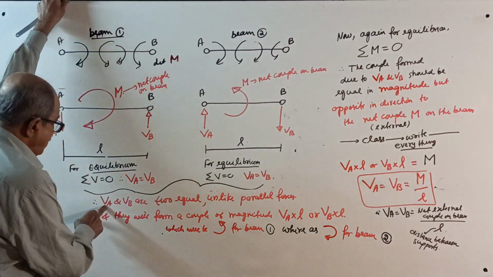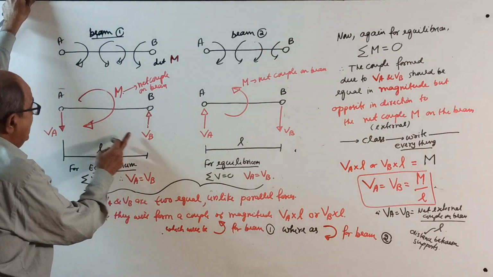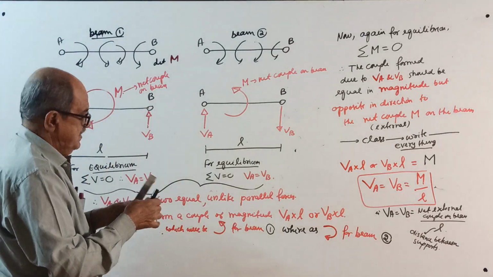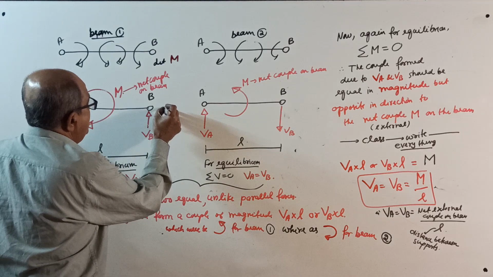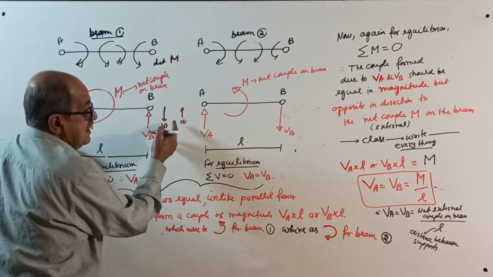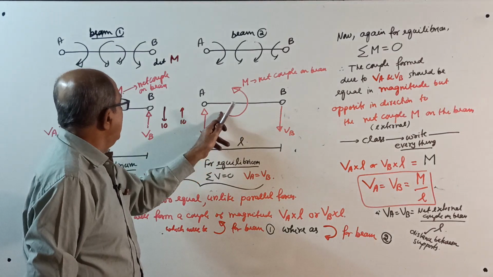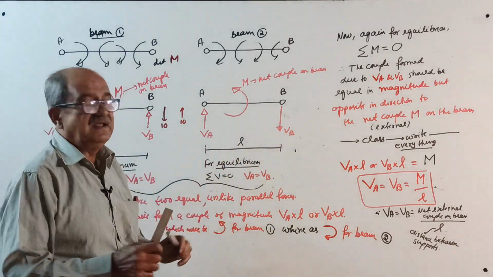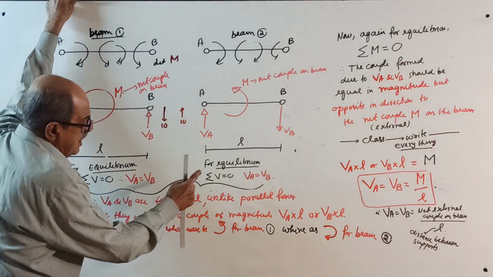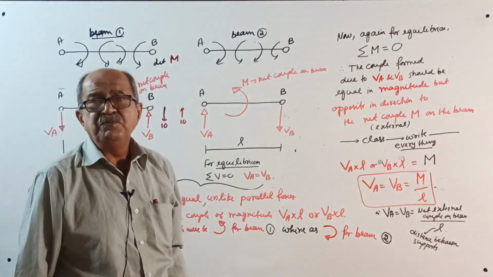Now, I told VA equal to VB. Suppose in this beam, VA is down 10, VB is up 10. Now you know it. Or here, VA is up 10, VB is down 10, something like that. Then VA and VB are two equal unlike parallel forces.